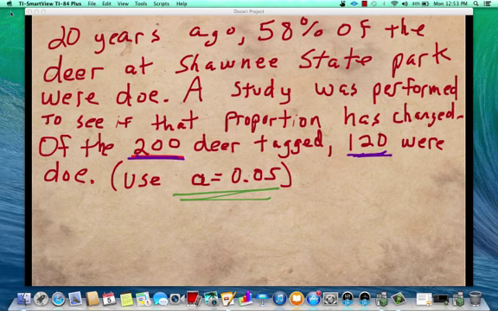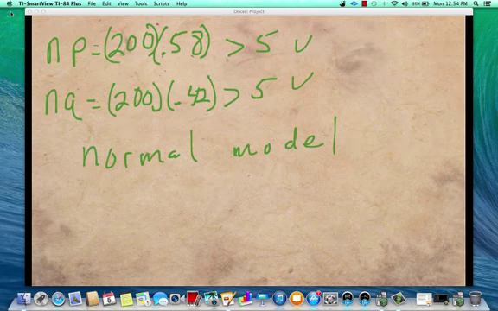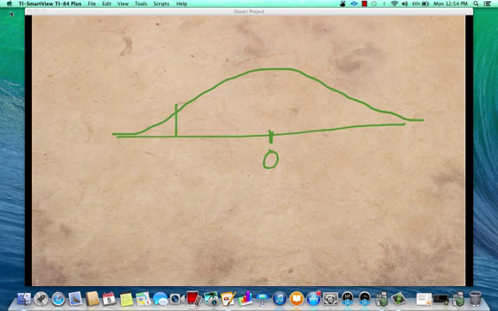This is a two-tailed test, so we get 1 minus 0.05, which is 0.95, and the z-score is going to be 1.96. So this is our boundaries: negative 1.96 here and 1.96 here.